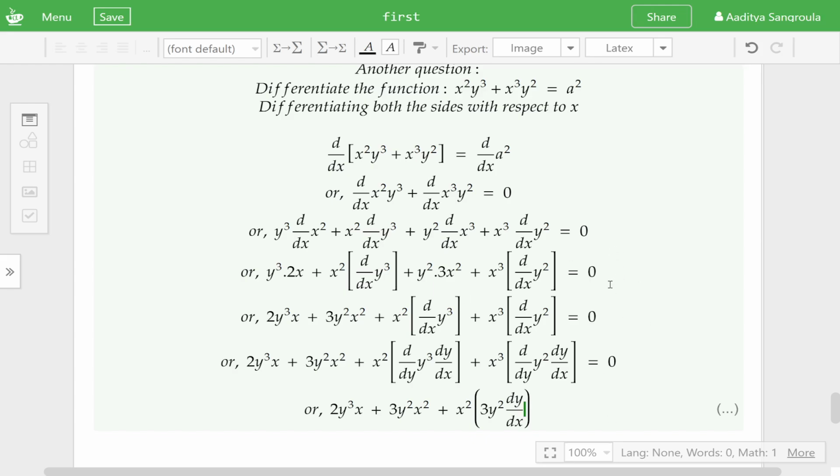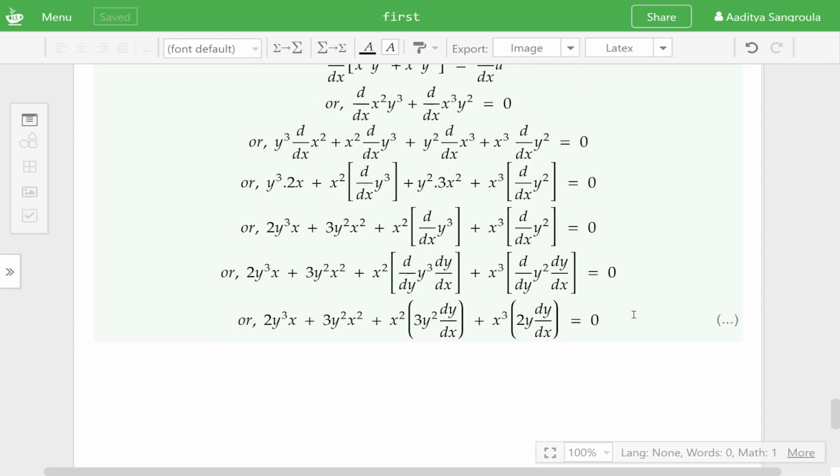I hope you see that. It is just that, and plus x cubed and 2y, and again dy over dx, and that's also equal to 0.